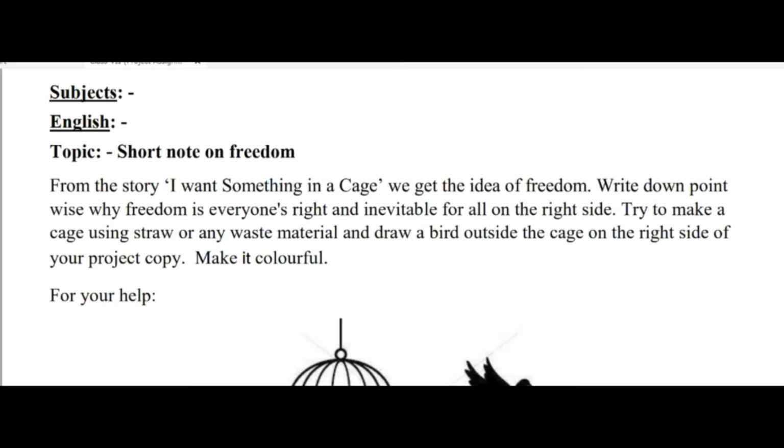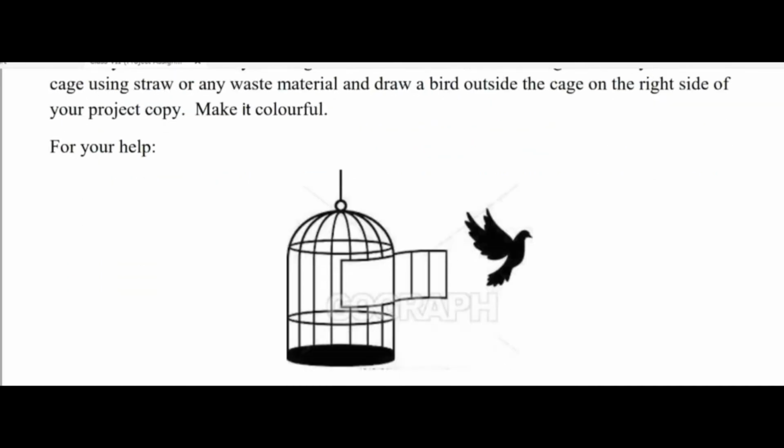Write down point-wise why freedom is everyone's right and inevitable for all on the right side. Try to make a cage using straw or any waste material and draw a bird outside the cage on the right side of your project copy and then make it colorful. For your help, we are giving you one example.